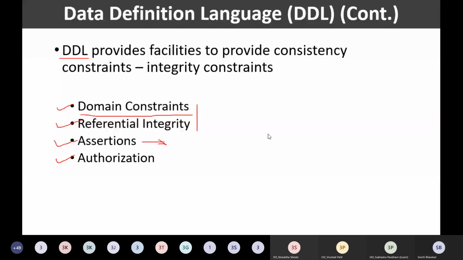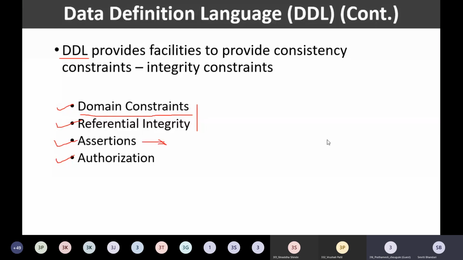Prathamesh, roll number 316. Yes, ma'am. What are the four authorizations that we mentioned? Update authorization, insert and read authorization. Yes, and one more is there.